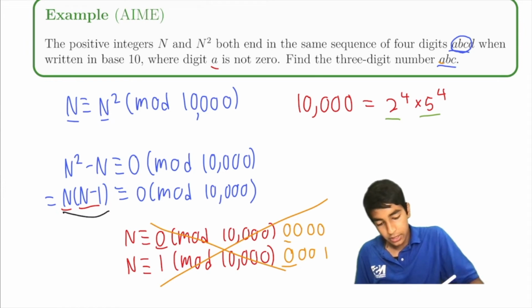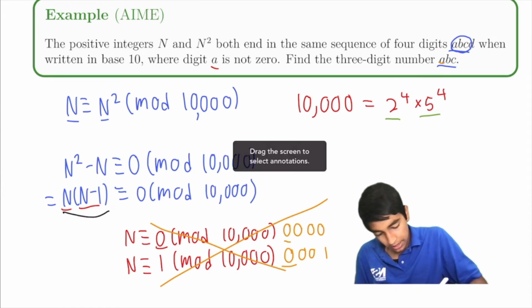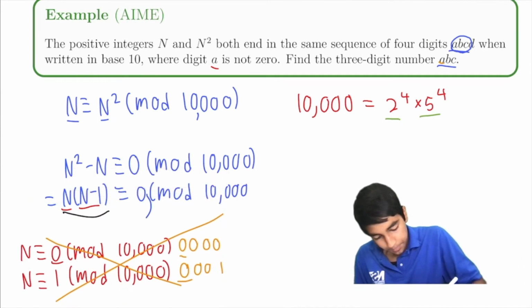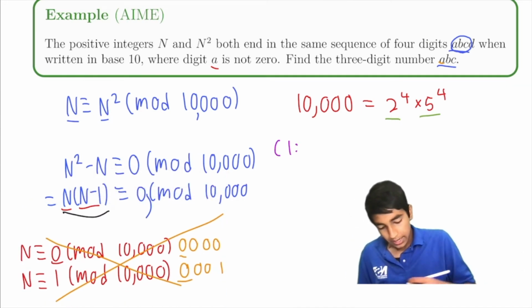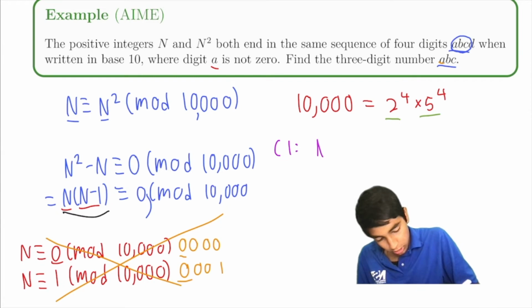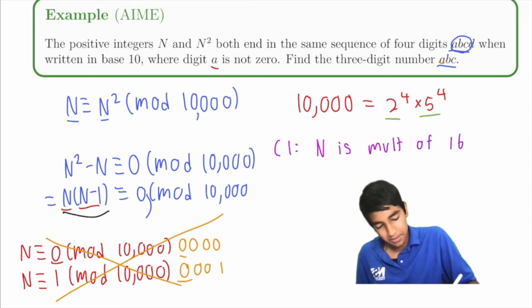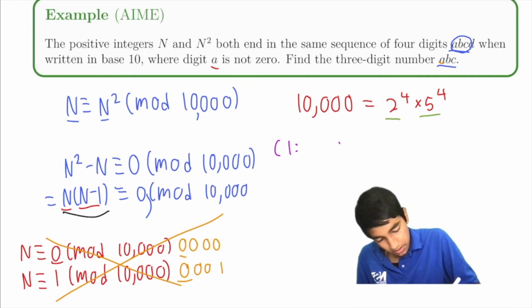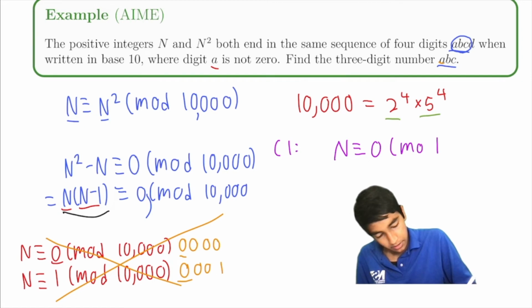So now from here we can break it down further into two cases. Case 1 is n is a multiple of 16. Let me write this in mod. N is congruent to 0 mod 16.